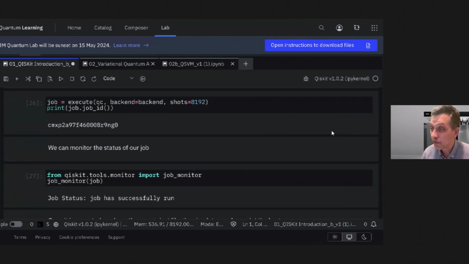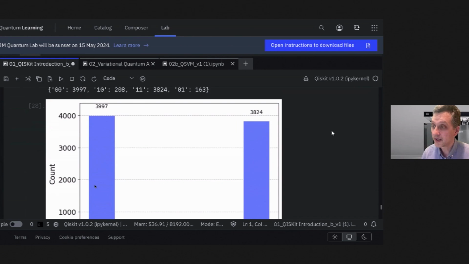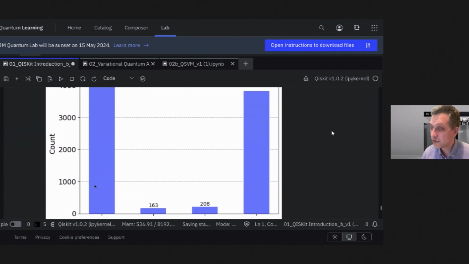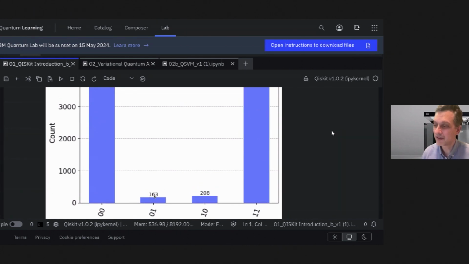So when we execute, we get a job ID. We can monitor this job ID and get the results. In this case, as you see here, you have the good results that we are expecting, the 0, 0 and the 1, 1. But we also have some results in other places where we are expecting nothing. These are related to errors.